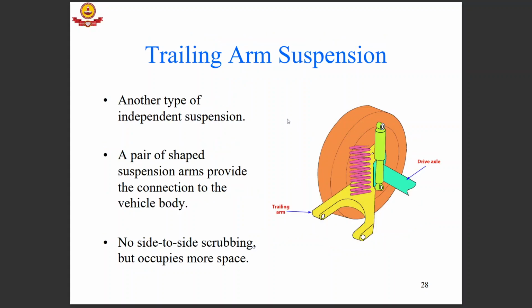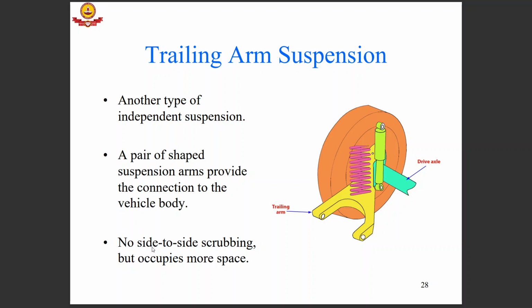Then second type is trailing arm suspension. This is another type of independent suspension. Here there is a trailing arm which is attached to the chassis, so the vertical motion of the vehicle would lead to rotating motion of the trailing arm about this axis, which will end up compressing the spring as well as the damper, right?